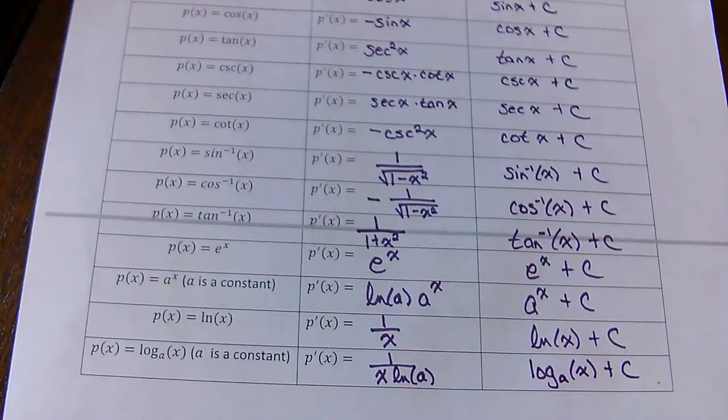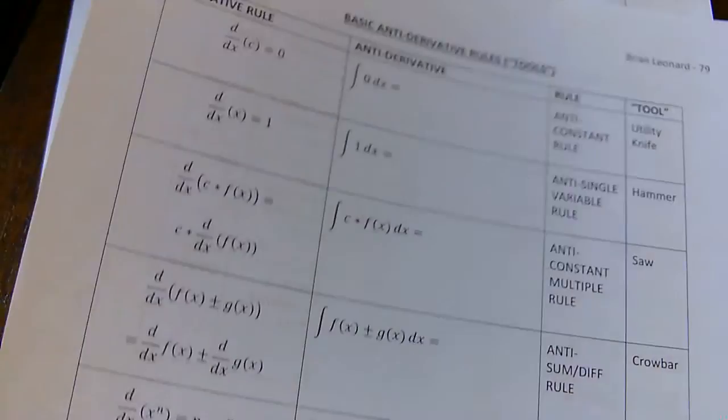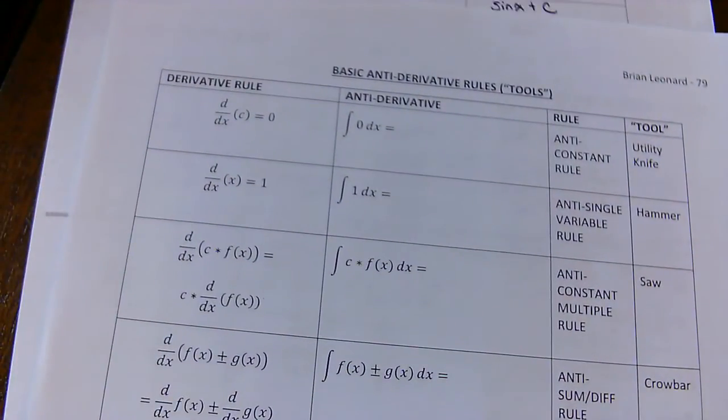Now, memorizing all of these is not fun, right? Nobody wants to do it. So we're going to look at some tools, shortcuts that we can use to undo derivatives, kind of the same as when we took derivatives. Remember that if we took the derivative of a constant, we got 0.